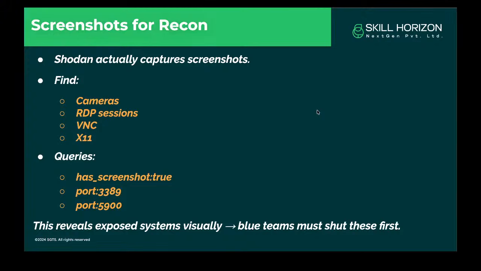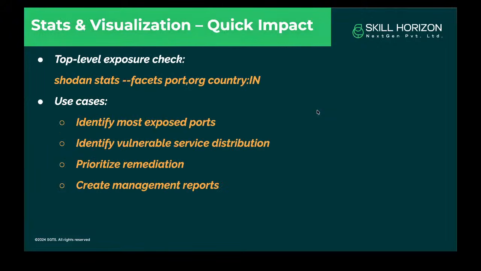So you need to close those things first, because if the screenshot is there and in that screenshot some information is leaked, that might be the scenario. Attackers can use it for their advantage and you are in the attack, right? So blue teams must first shut all these things.